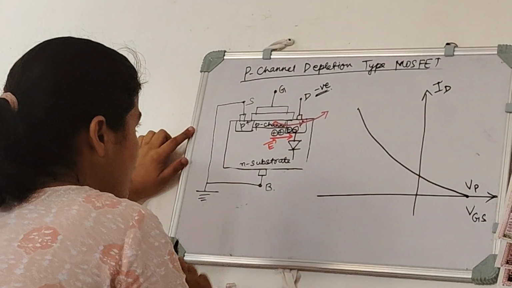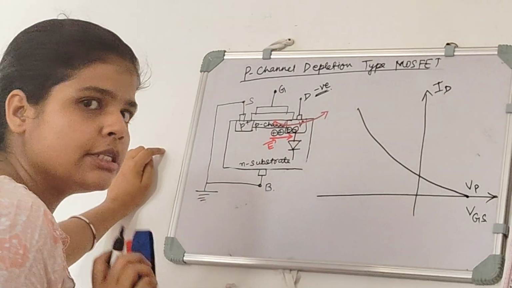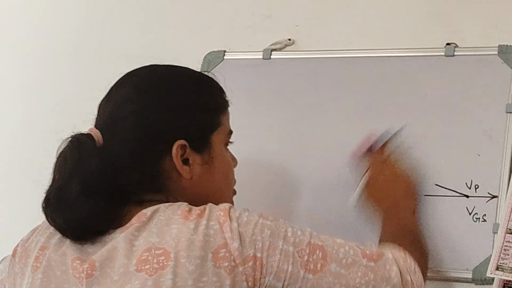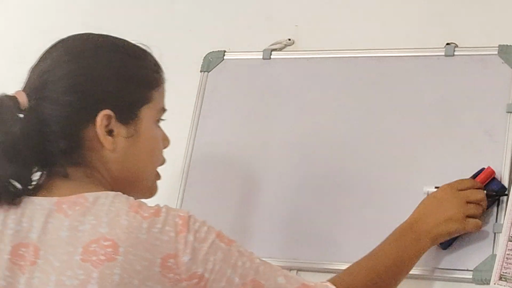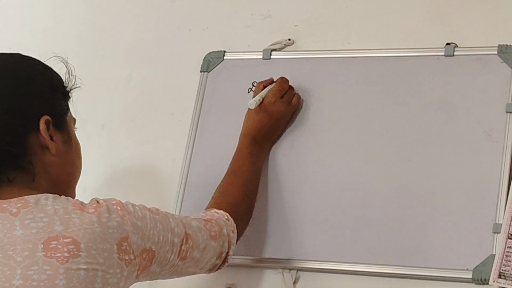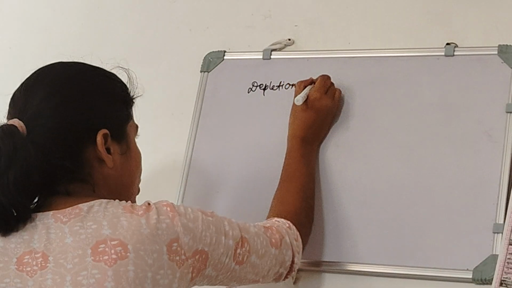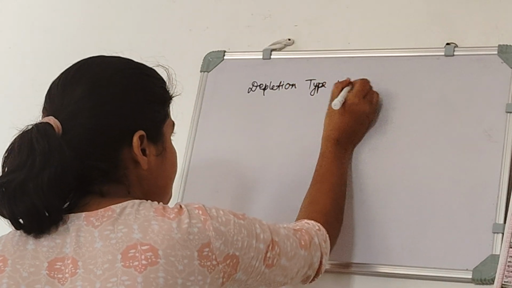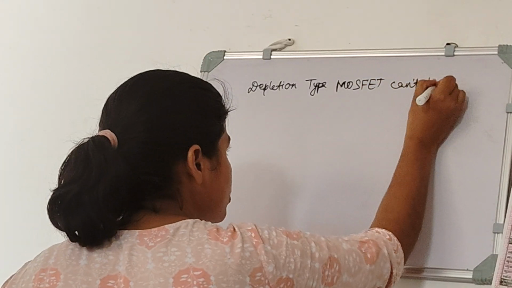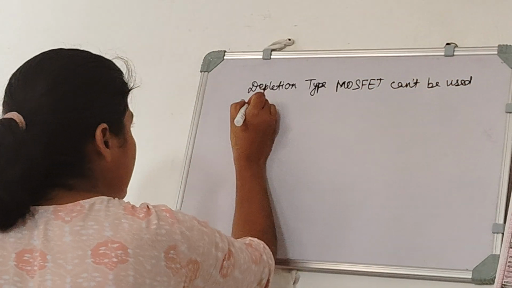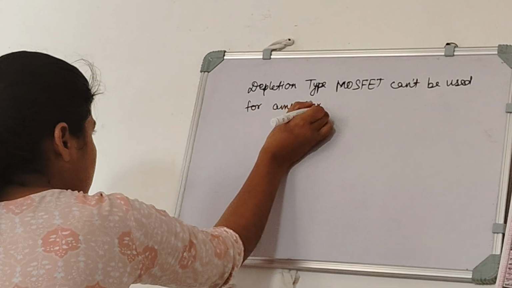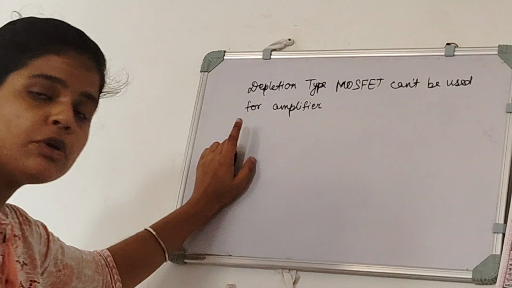Now this is the complete working of p-channel depletion type MOSFET. We will see one thing related to depletion type MOSFET, that depletion type MOSFET can't be used for amplifier. Why can't it be used for amplifier?